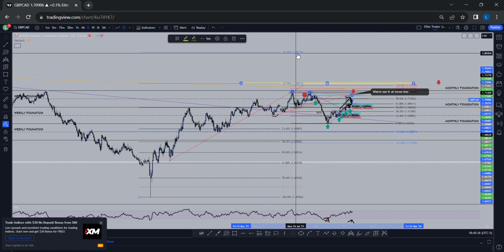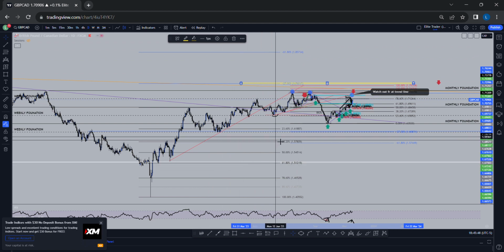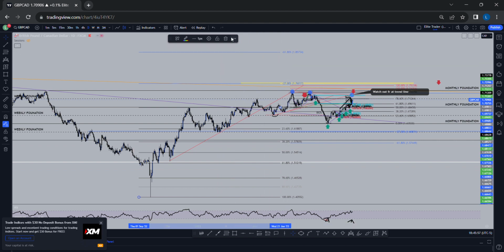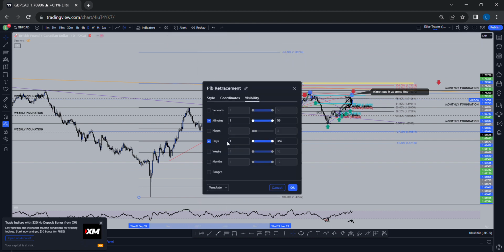Phantom zone is just there to show my projection. I do not want to leave a fib on that particular time frame, because if I do leave this fib, it will make my chart a bit cluttered. So I just want to hide it so that it's only visible in the daily time frame.